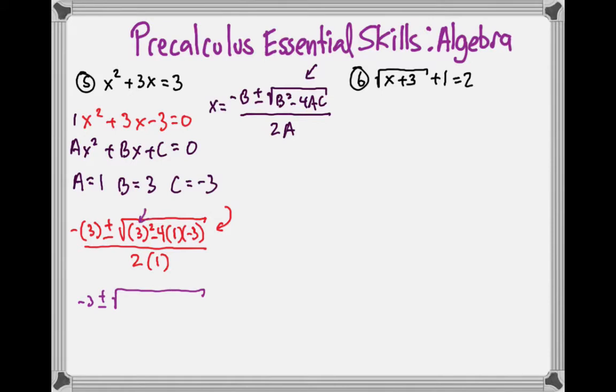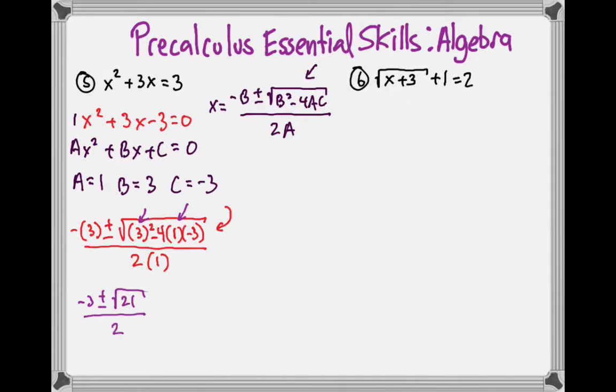That's going to give me 9, and that gives me positive 12. I think I drew this radical bar a little bit too big, and so that's going to give me 21 under there. And this gives me a 2.